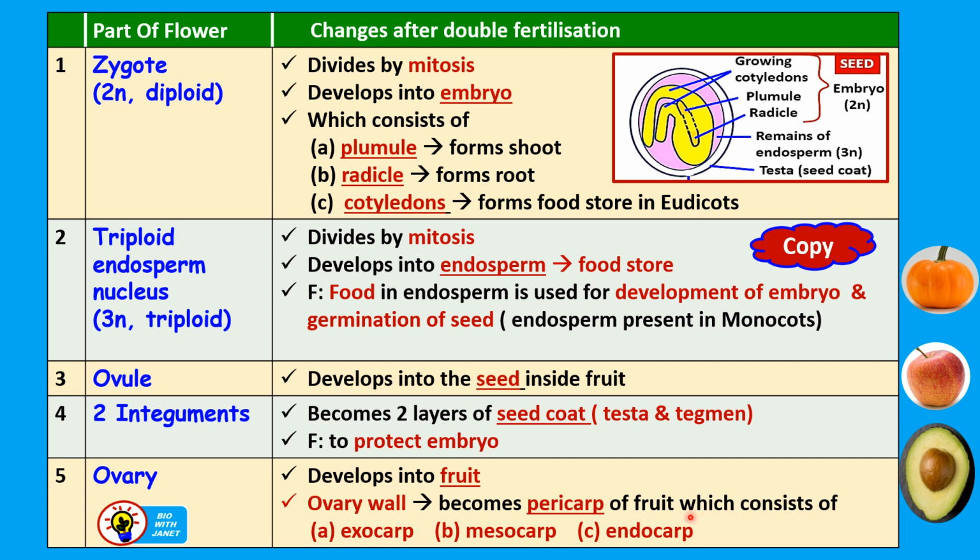So, for example, in mangoes, papayas, and tomatoes, there are three layers. The pericarp consists of three layers, which are the exocarp, the skin, the mesocarp, the fleshy inner layer, and the endocarp, which is the last layer. It can be either hard or it can be softer.